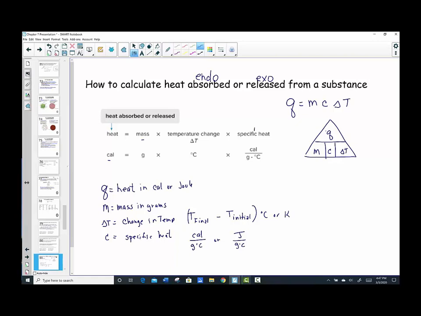So cover up Q and you get m times c times delta T. If I want to solve for specific heat, cover this one up and you get Q over m times delta T. It's just a little visual to help us remember the algebra.